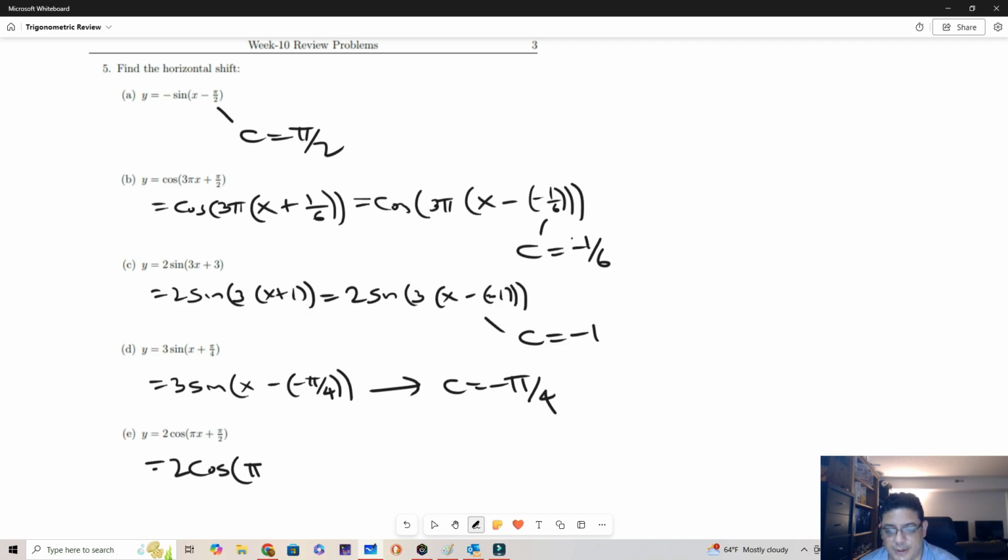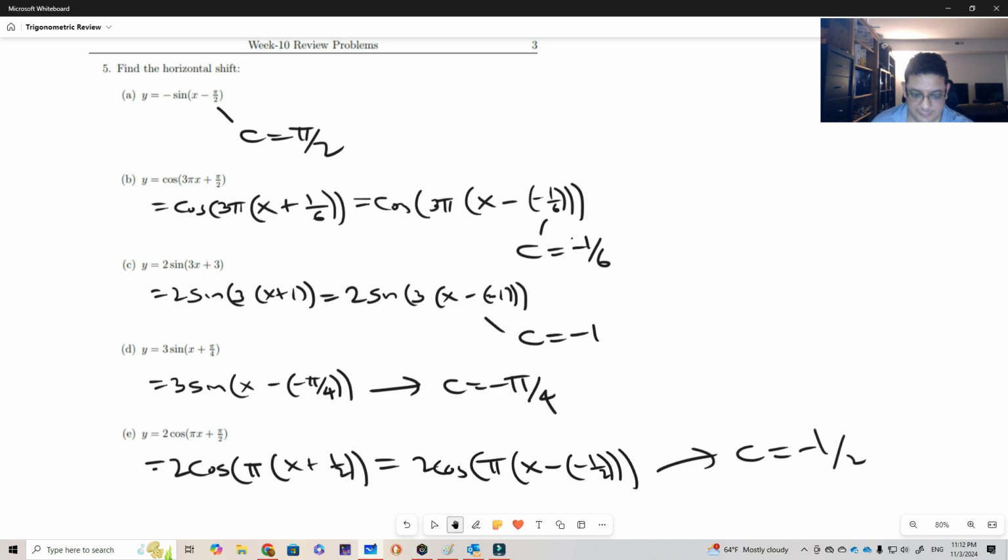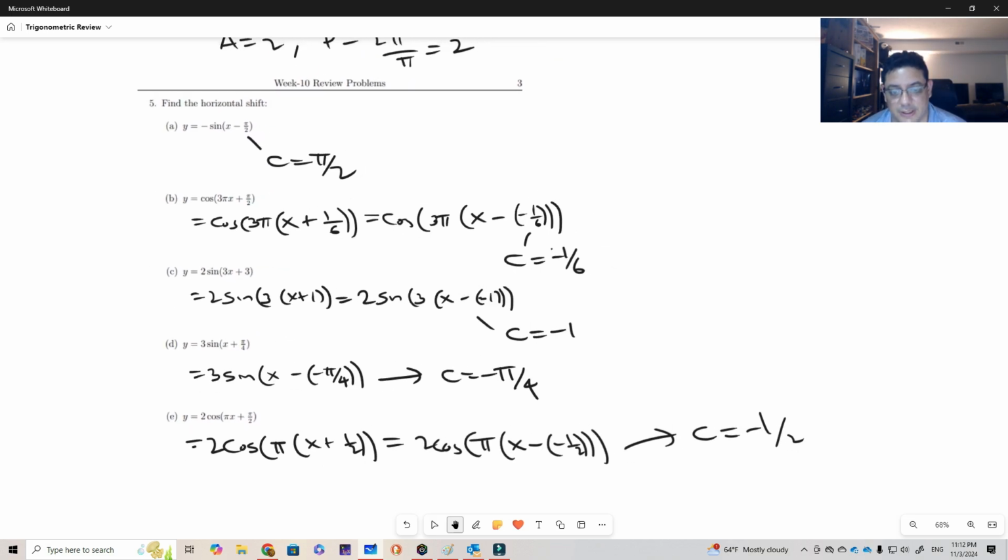So when we factor pi, we get x plus 1/2 in here. And if we put the minus out to check the shape, this is going to be x minus 1/2. And so that's going to imply that the shift is actually c equals minus 1/2. And again, this is another shift to the left 1/2 units.